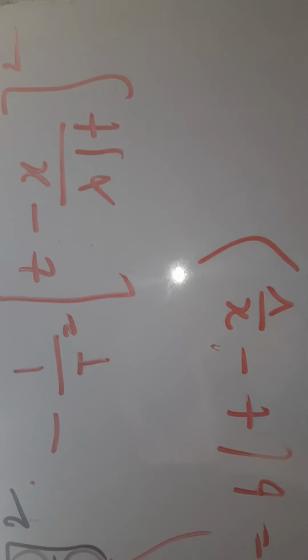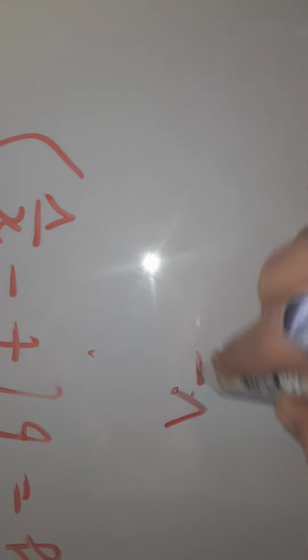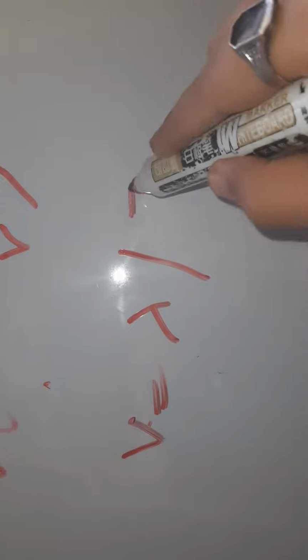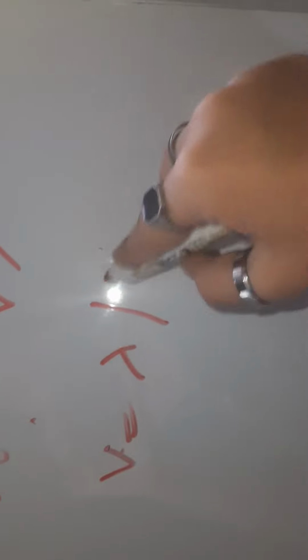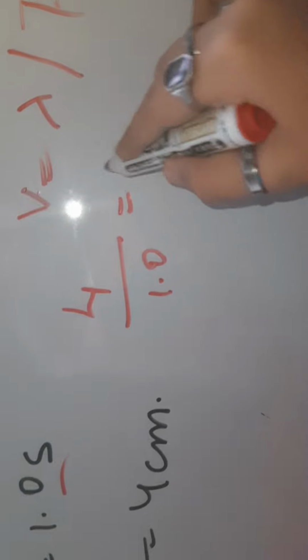Now if you compare, this will be t minus x by v, and in place of v it is lambda by T. Now what is the value of T and lambda given? Lambda is 4, so 4 by T, which is 1.0, is nothing but 4.